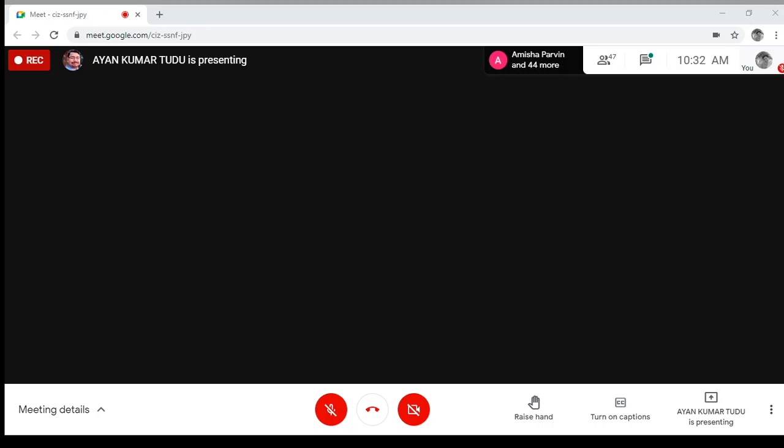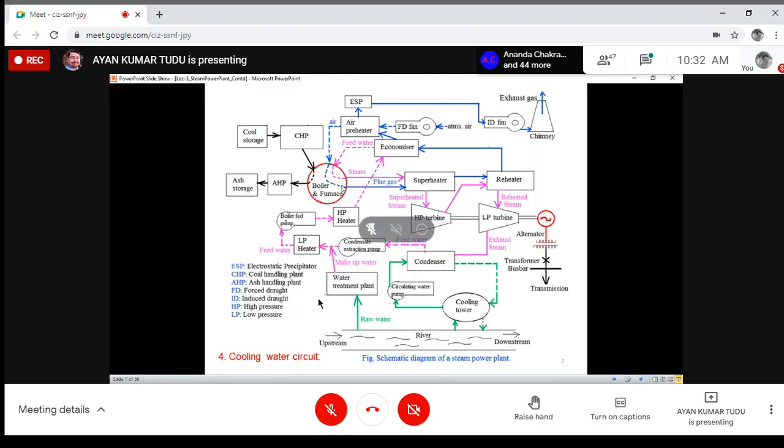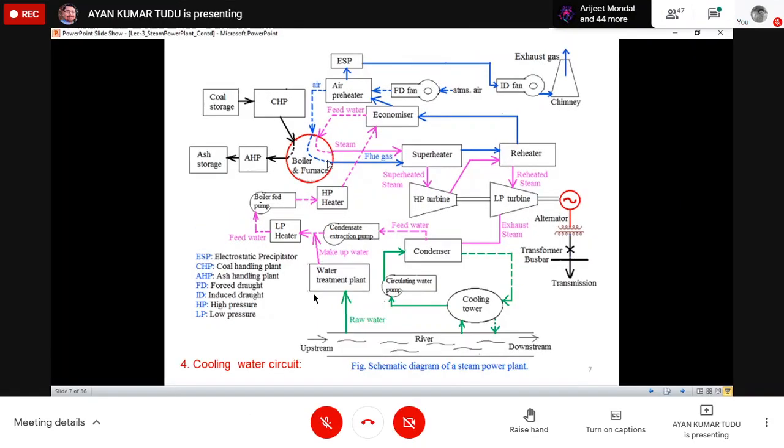Why are we saying that the rating of the boiler feed pump is the highest? Sir, because it has to handle liquid water. Just think about it. Just see the feed water circuit. I think you will be able to understand. After the boiler feed pump, where is this feed water entering?